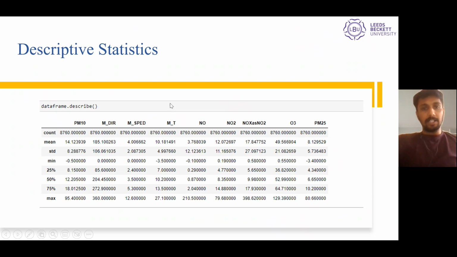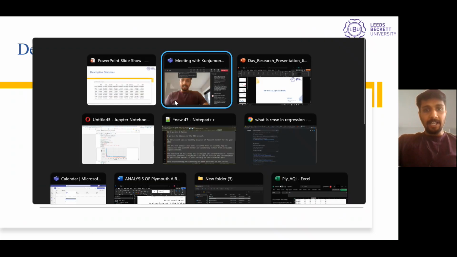As part of data pre-processing, we have removed the unit columns from the CSV file, and we have handled the missing data with KNN imputation.